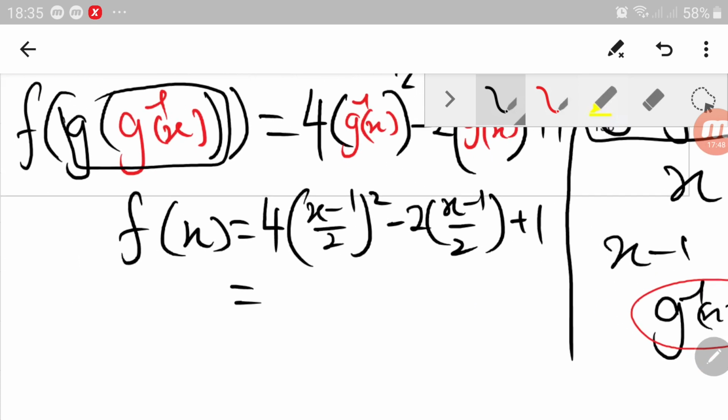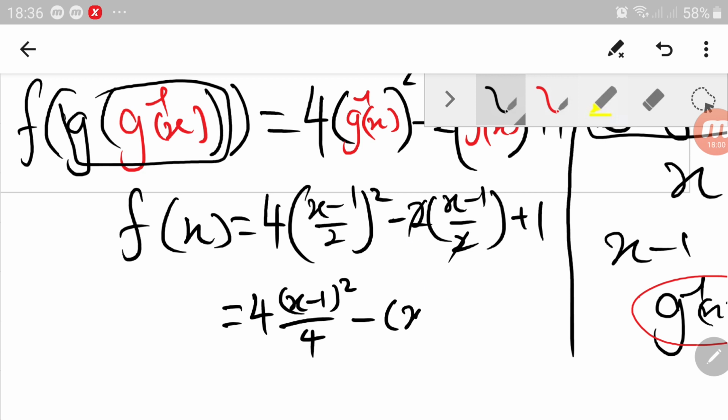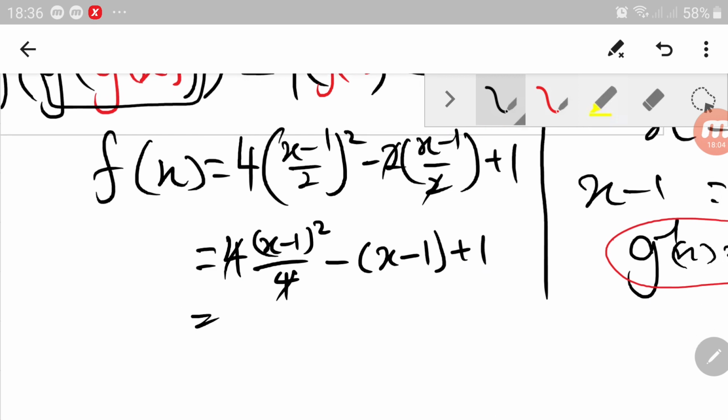Now I zoom over here to solve it further. That one is x minus 1 square, I don't want to expand it. Minus 1 plus 1 also cancel, minus 1 square. What's this? Minus x plus 1 plus 1 plus 1 plus 2. So this is our f.